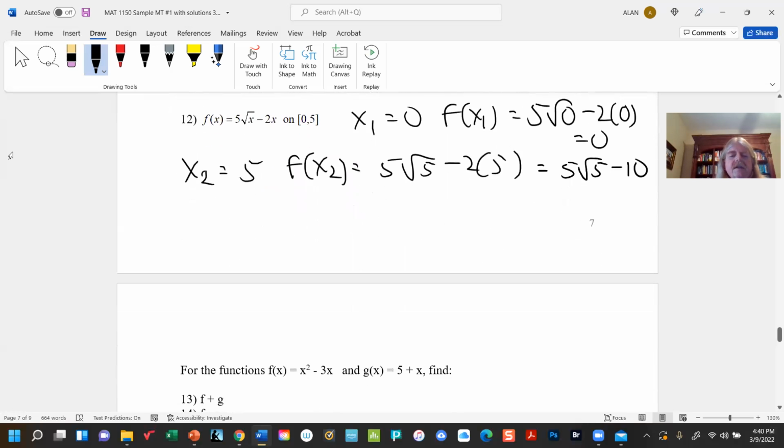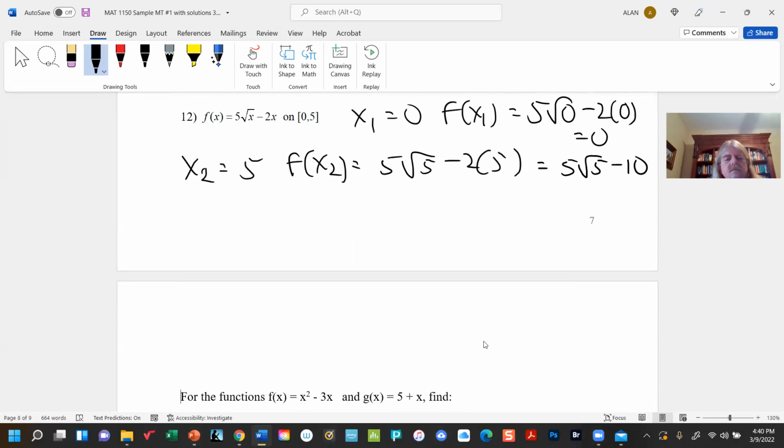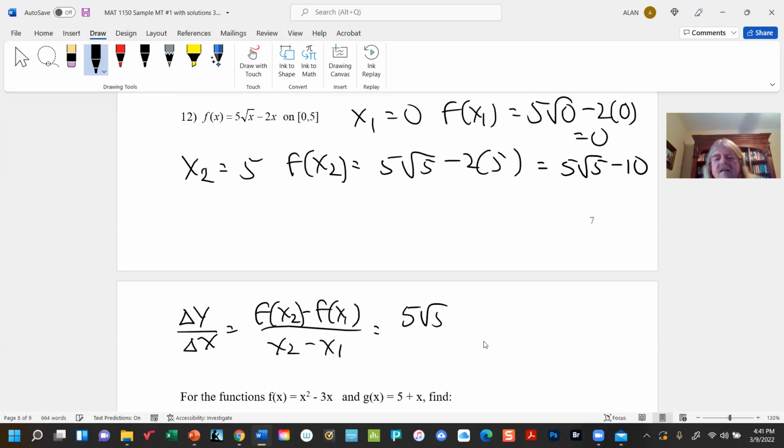So the change is 5 radical 5 minus 10, all minus 0, divided by 5 minus 0.